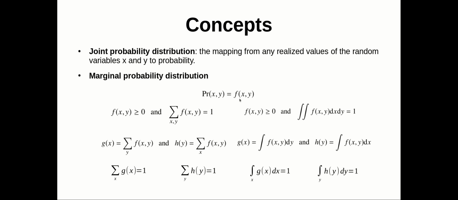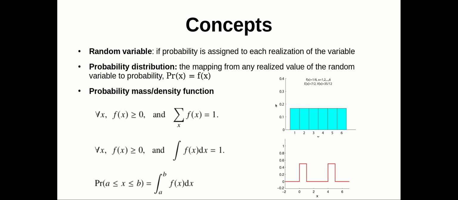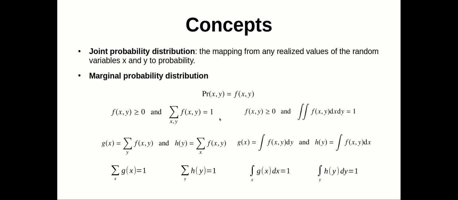A few points about the joint probability distribution. If we have just one random variable, with f(x), then the integral of f(x) over x is going to give us 1. That's one of the axioms of probability distributions. If it's a discrete sample space, then the summation over x is going to be 1.